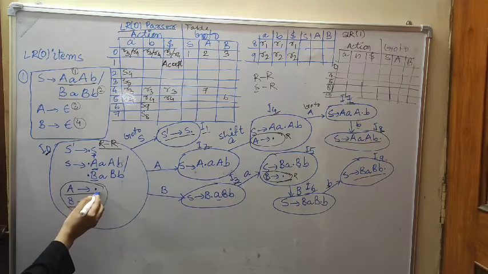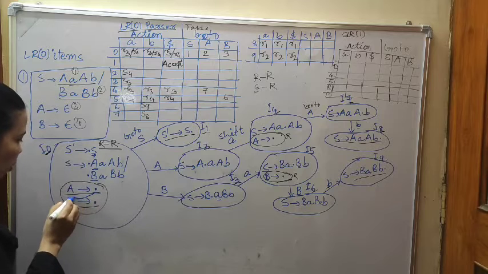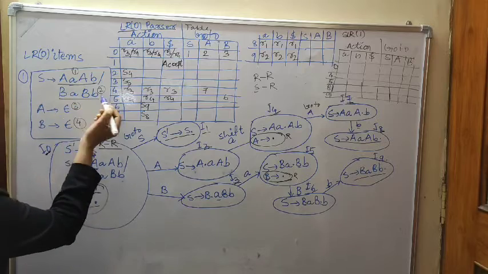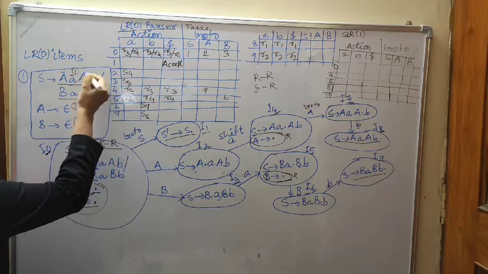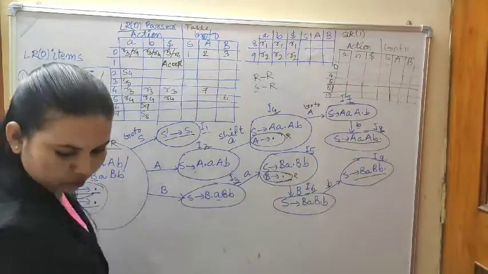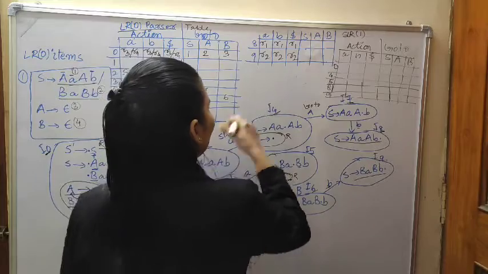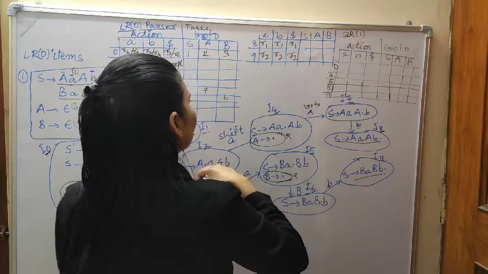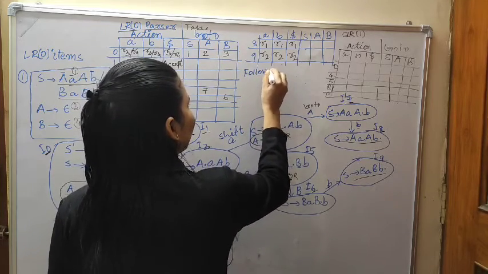So whenever we see a reduction, we go to the Follow of the left side. Follow of A. What is Follow of A?